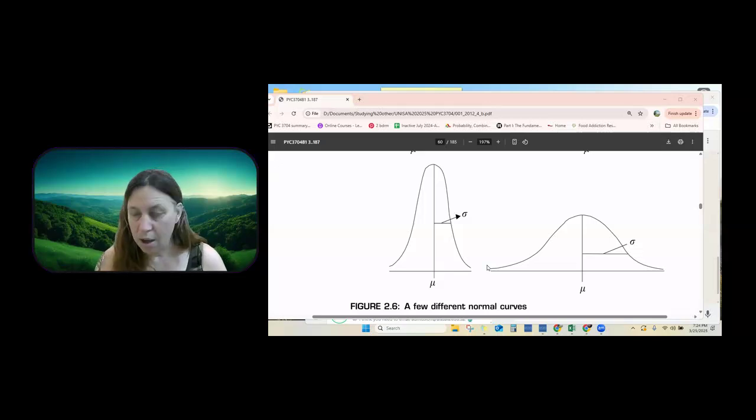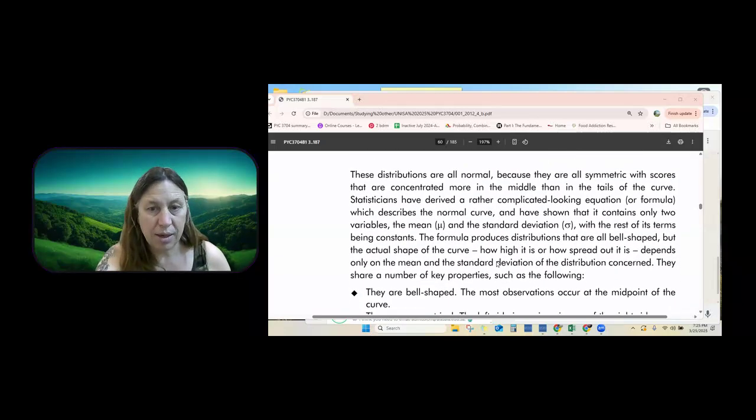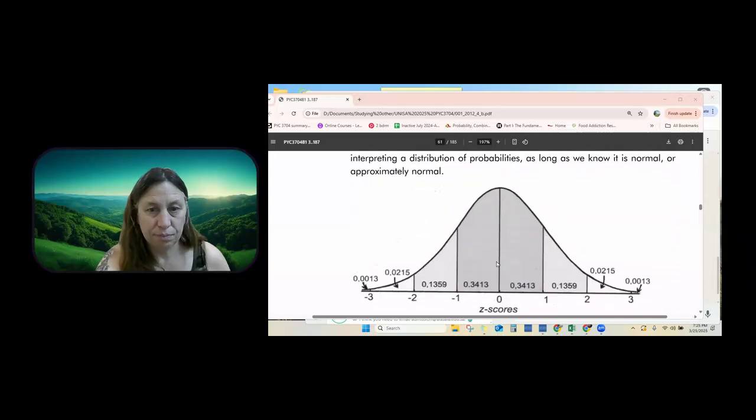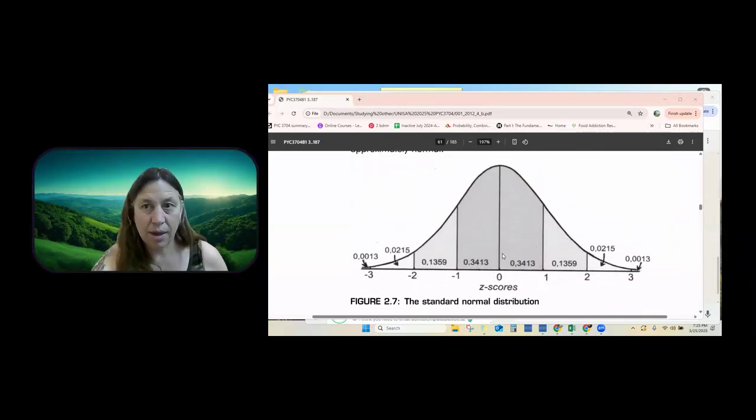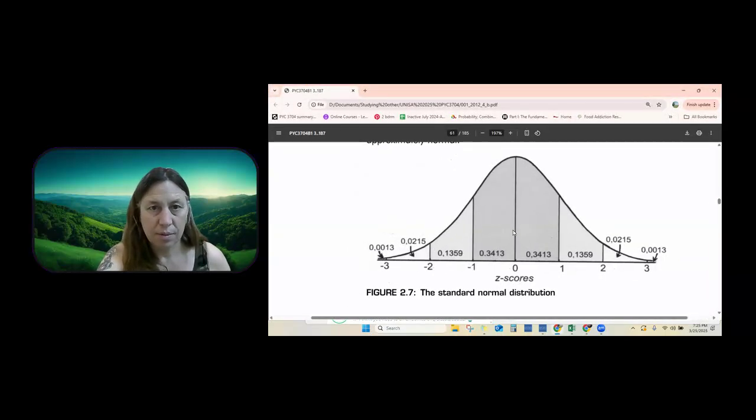Okay, now let's look at the z-scores, or the standard normal distribution. This is a normal distribution curve that has two particular qualities.